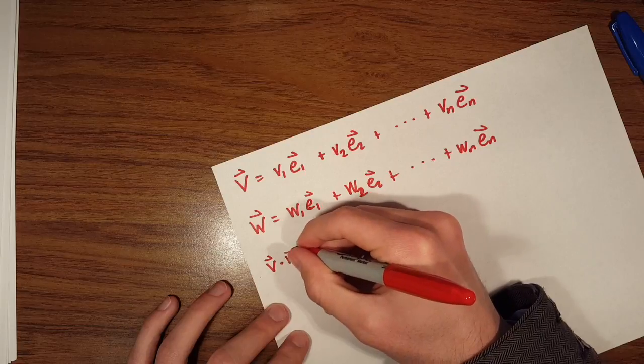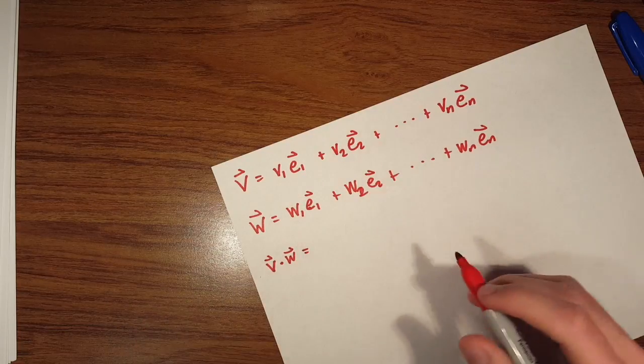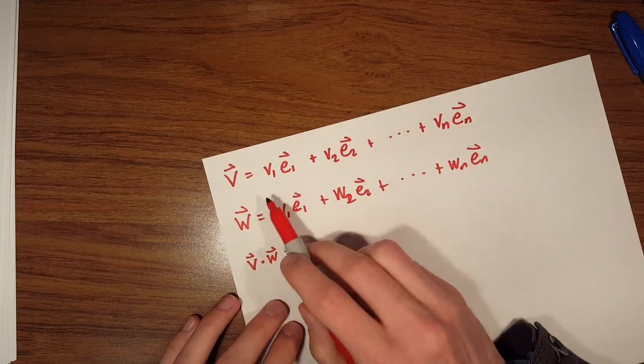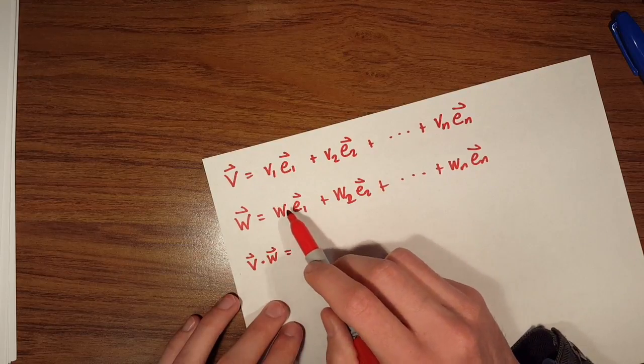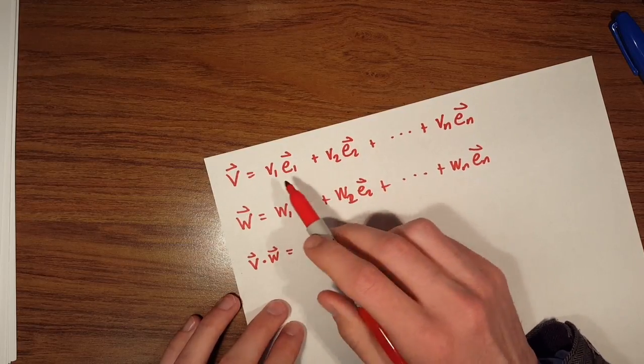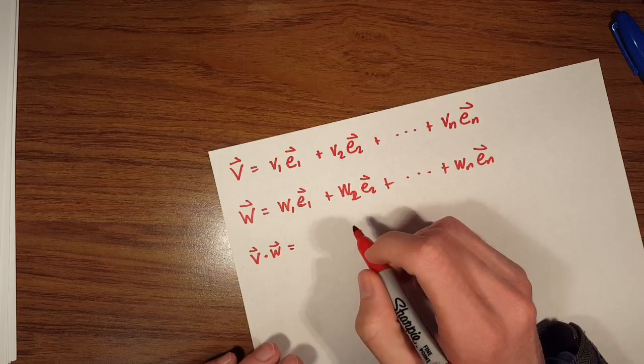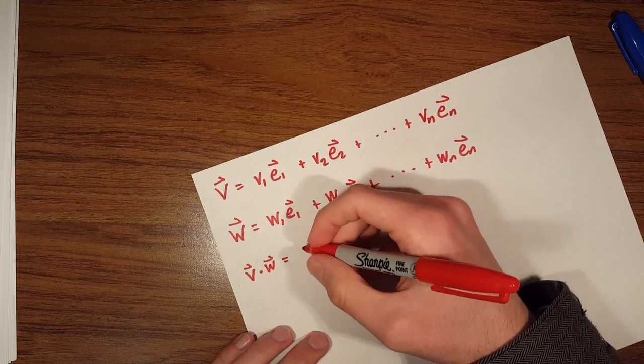dot W. Well, here we go back to the axioms of linear algebra, and we have the distributive property and all the scalar multiplication and addition properties and associativity.